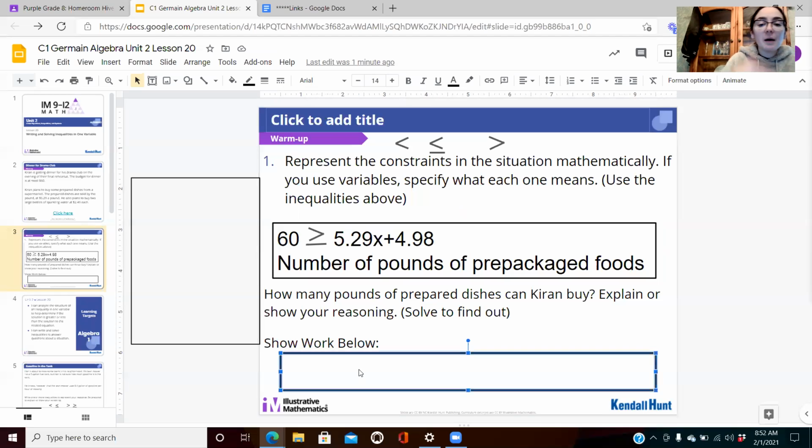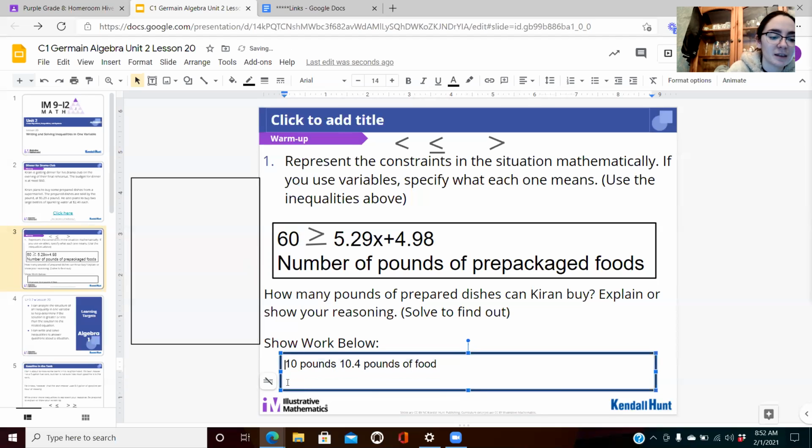So I would take the answer of either 10 pounds or 10.4 pounds of food. Okay, so that's solving for the number of pounds that we can buy here. Nice job on that one. Very good, guys.